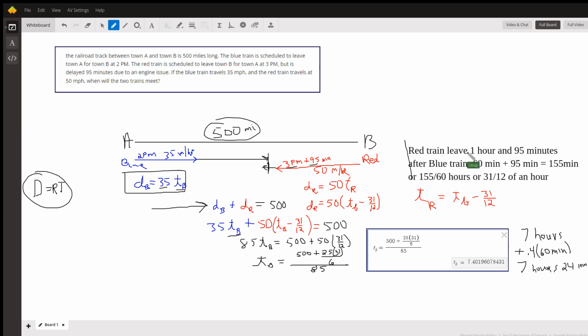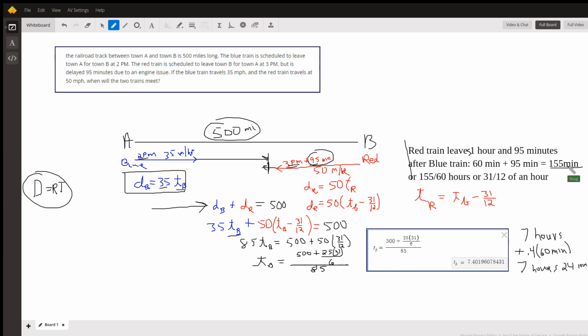The red train leaves 1 hour and 95 minutes after the blue train because this was scheduled at 2, this was scheduled at 3 with a 95-minute delay. So it's an hour and 95 minutes or 155 minutes later than the blue train, or it's traveled that many minutes less by the time they meet.